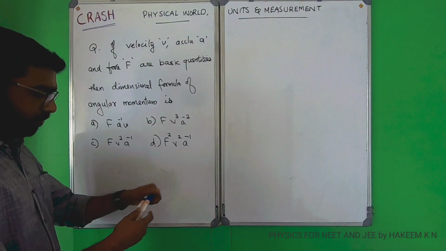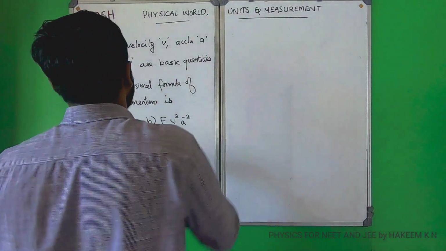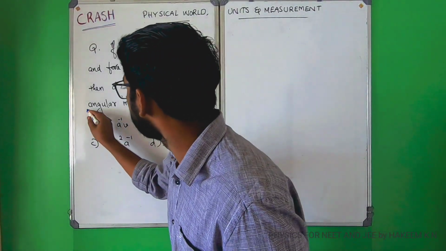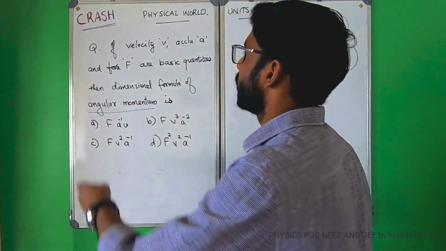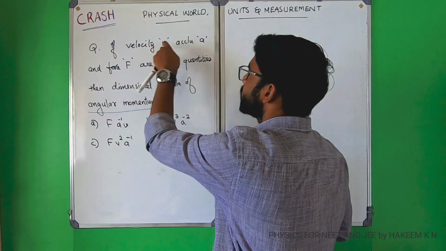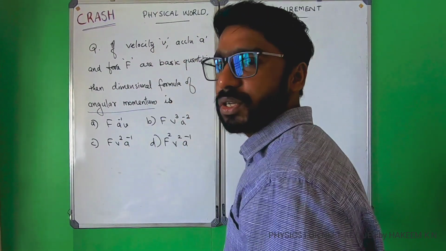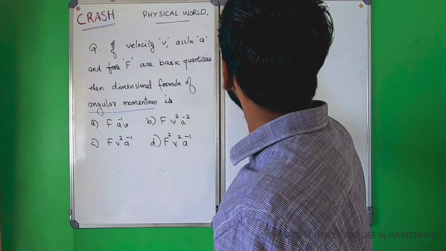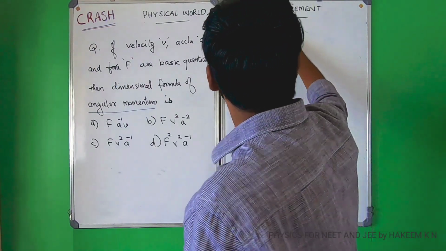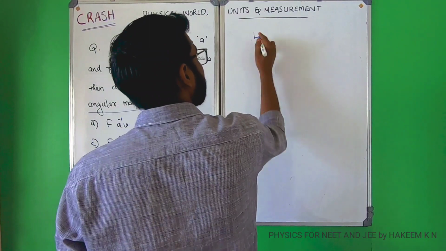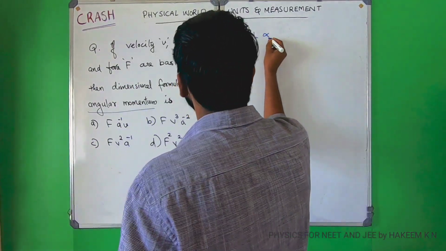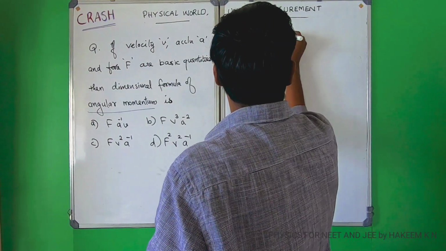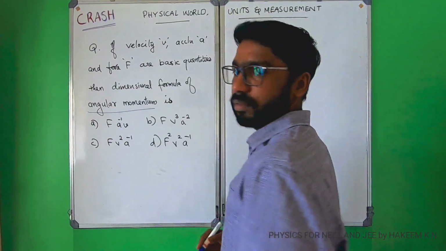How to find? We are calculating the dimensional formula of angular momentum in terms of force, velocity and acceleration. So we can take angular momentum L proportional to force, velocity, acceleration.